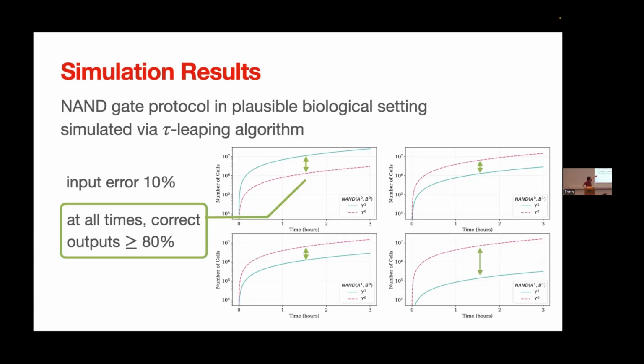The incorrect output is much lower than the correct one, and this can then go into the input of the next gate. NAND gates are universal, so you can put them together and expect that after each one of them, you have a signal amplification that brings you up to a reasonable value. And here we showed that this is possible.